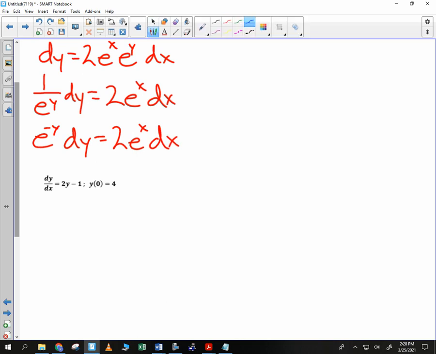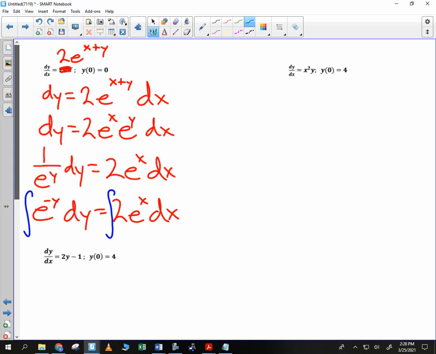I've now completed my separation of variables. Do you remember our next step? Yep. Let's do the right side first. Do you know the antiderivative of 2e to the x?